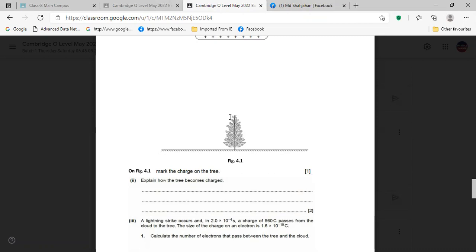It was positive in the ground because the electrons were repelled by electrons of the clouds. Okay, then they move away. We got a positively charged upper side. Now we got electrons here at the upper side. So how does it happen?